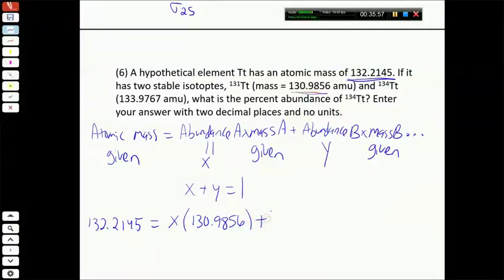Plus the abundance of the second isotope, which we're calling Y, times its mass, which is also given here, 133.9767. From this second equation here, what we're solving for is the abundance of 134. So we're solving here for Y. That's what we want to solve for.